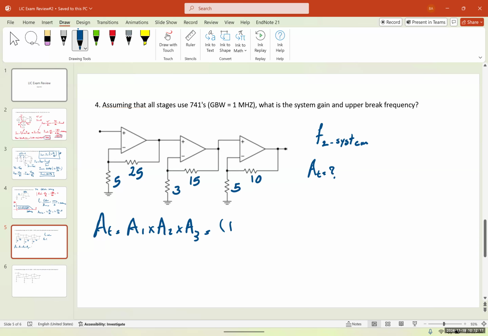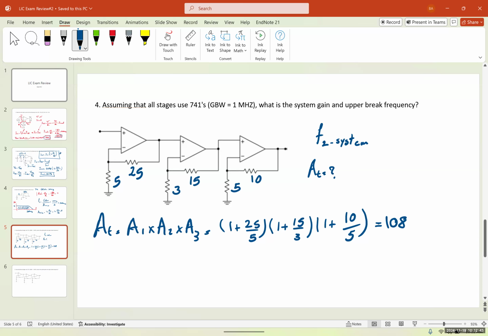So for the first stage, it's going to be 1 plus 25 over 5. Second one would be 1 plus 15 over 3. And the third one would be 1 plus 10 over 5. So it's going 6 times 6 times 3. What is the answer? 108, yes.